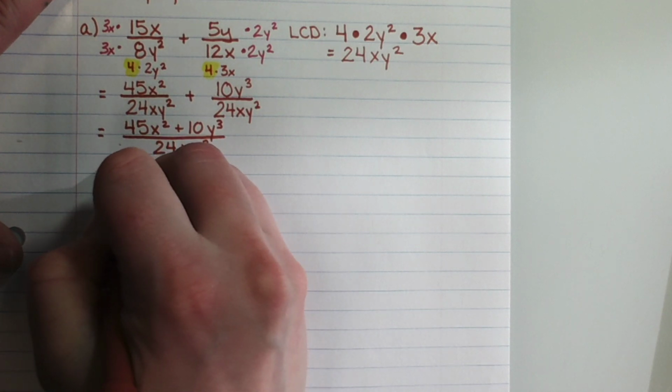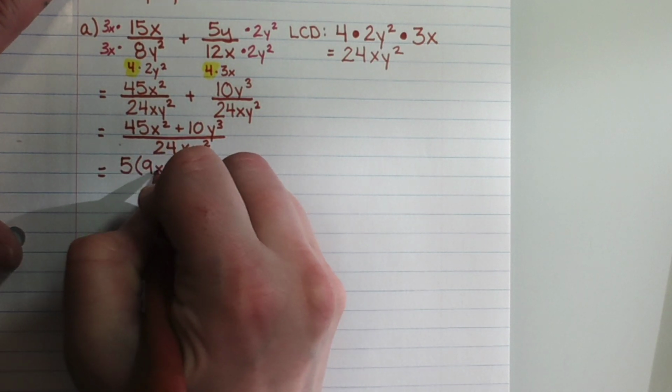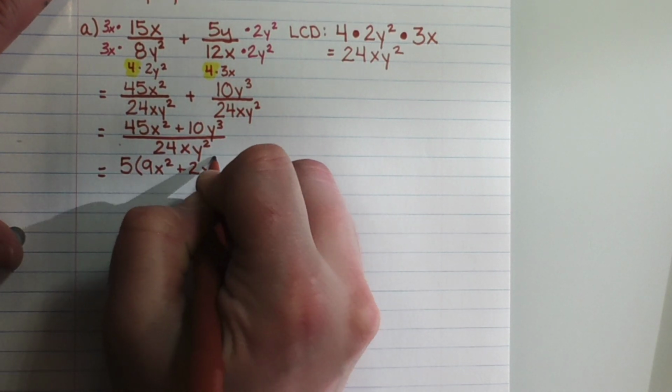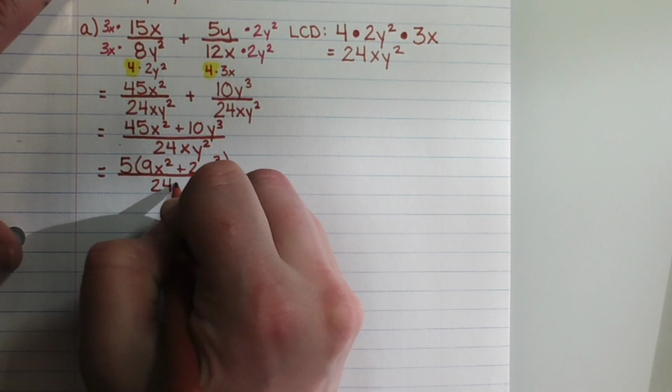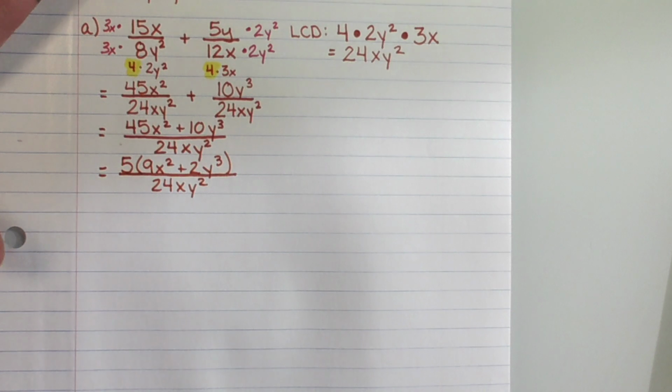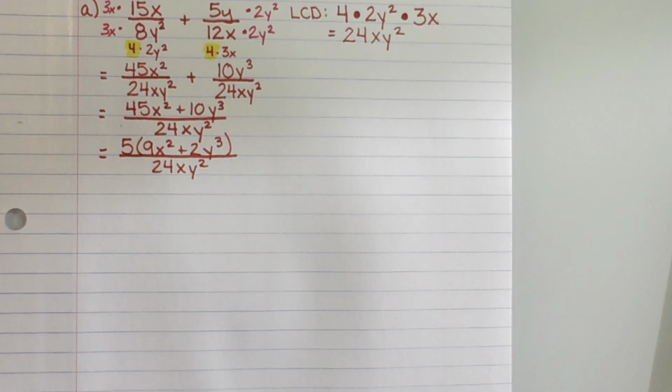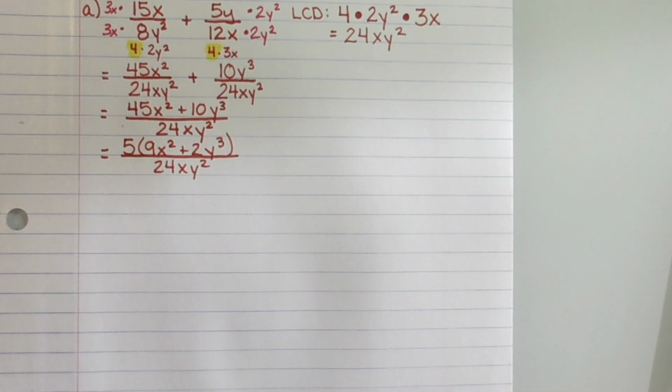5. Leaves me with 9x² plus 2y cubed over 24xy². Can I factor it further? No, with cubes and squareds and they're not the same variable, it's not going to factor any further. Can I simplify?